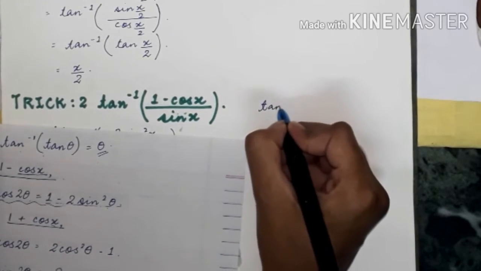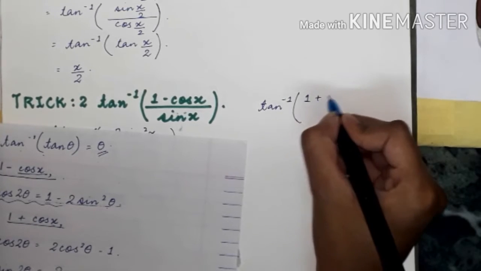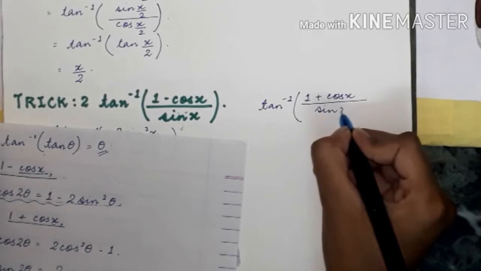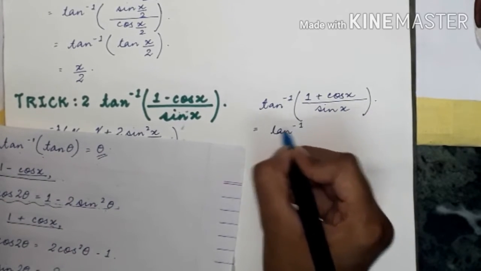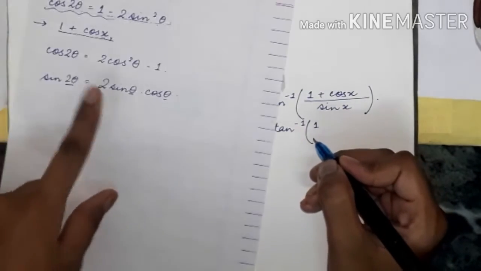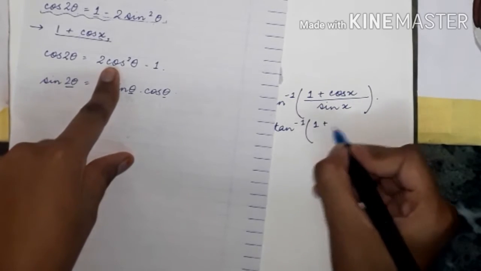Let me depict that difference. If you get this question, then also here the formula used is 1 plus cos x, see, so you will put this formula.